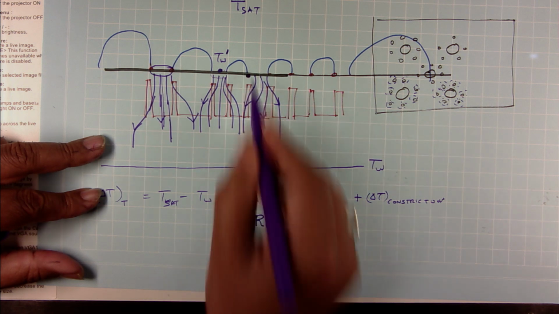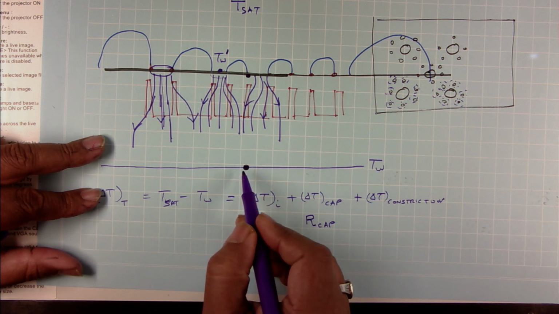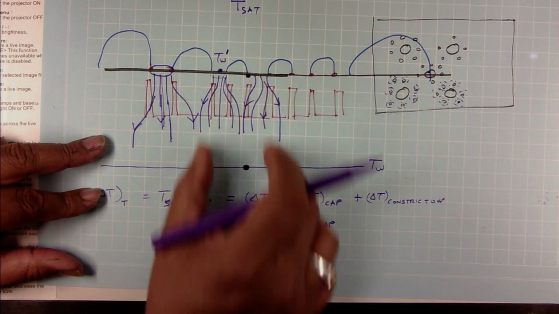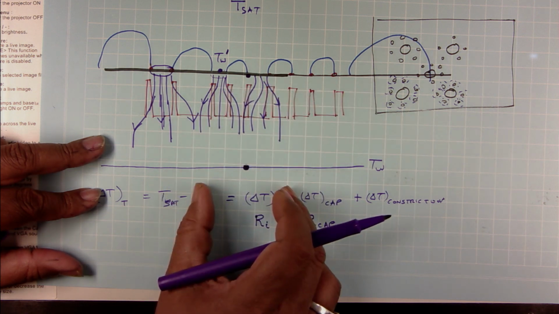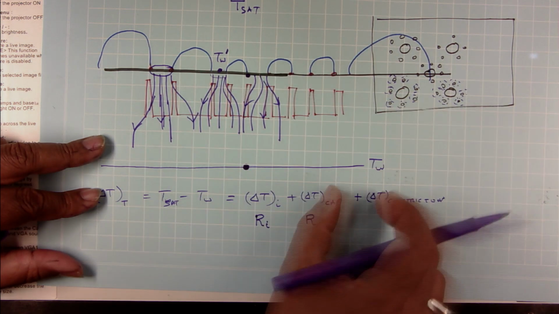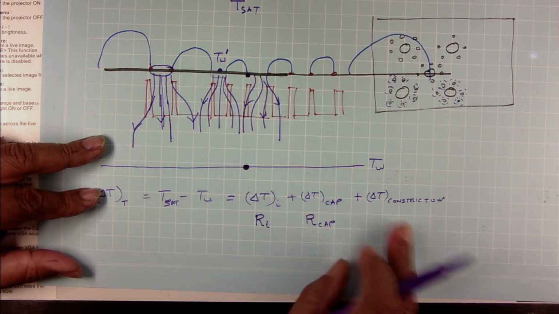Now, is this resistance uniform? It is not, because my heat flux lines are constricted here, my heat flux lines are spread out here. If it was uniform heat flux lines, then it is very easy to calculate this R constriction.